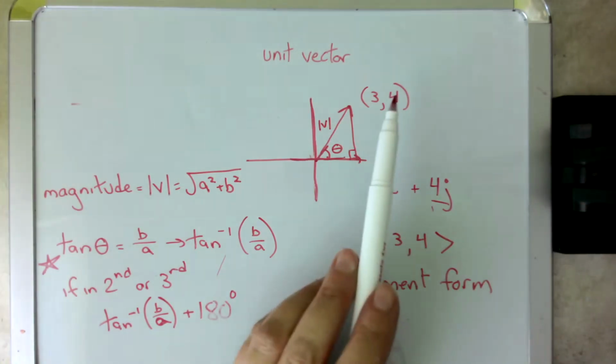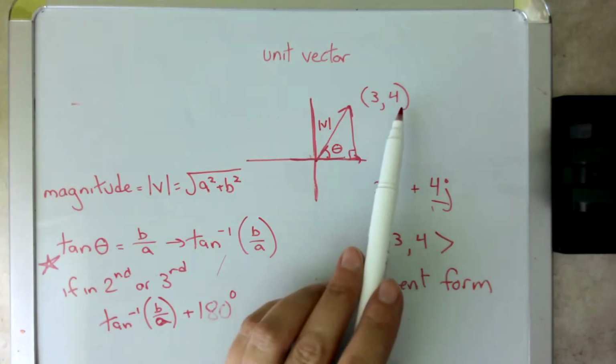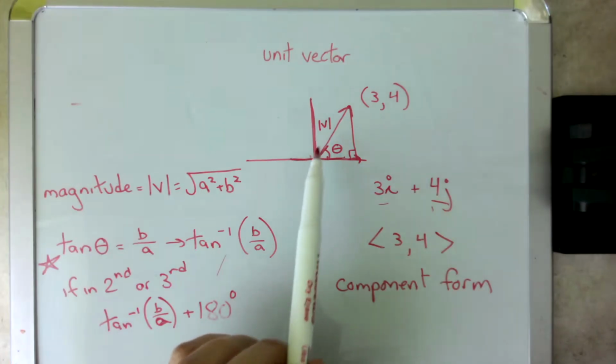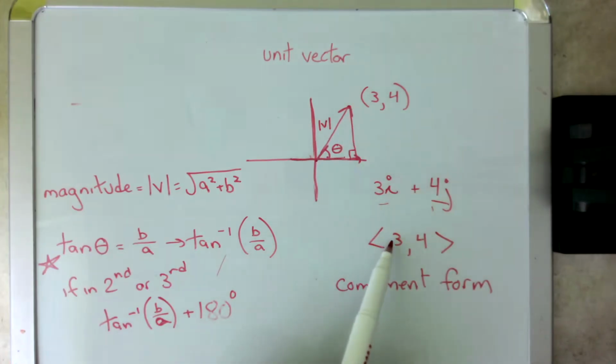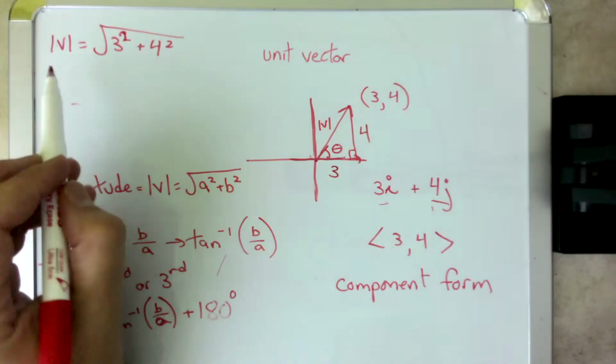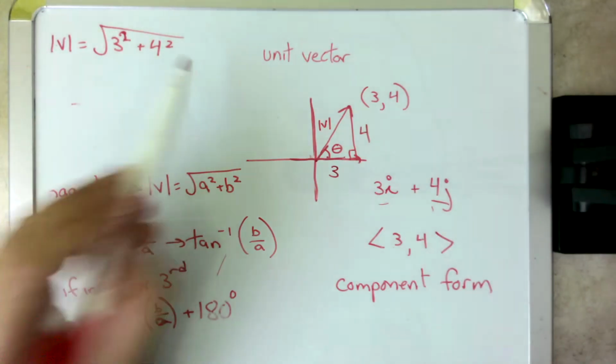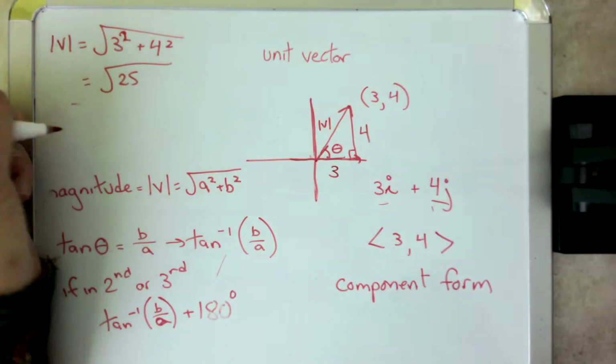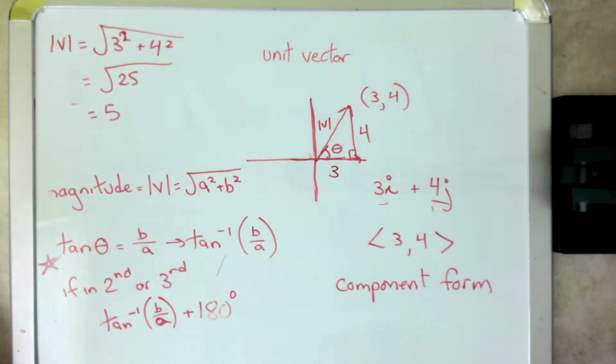So let's go back to our original problem where we were given that this is a component vector of 3, 4, and they would like to know the magnitude and the direction. So to find our magnitude, that is the square root of 3 squared plus 4 squared, the square root of 25, or 5.